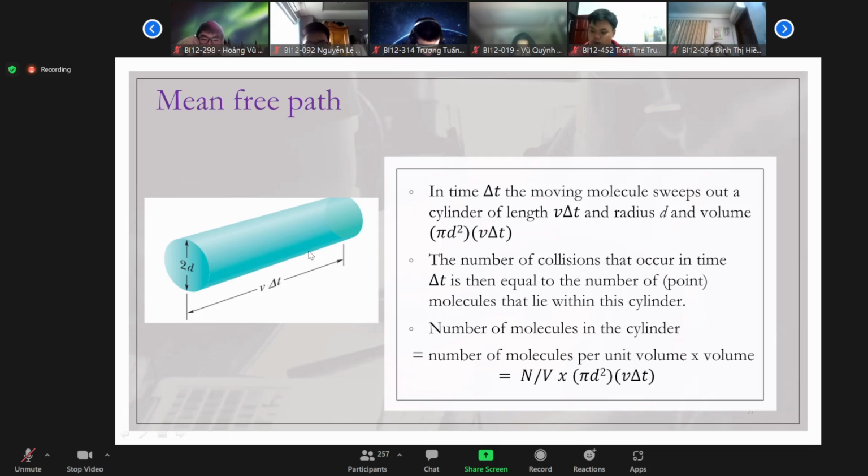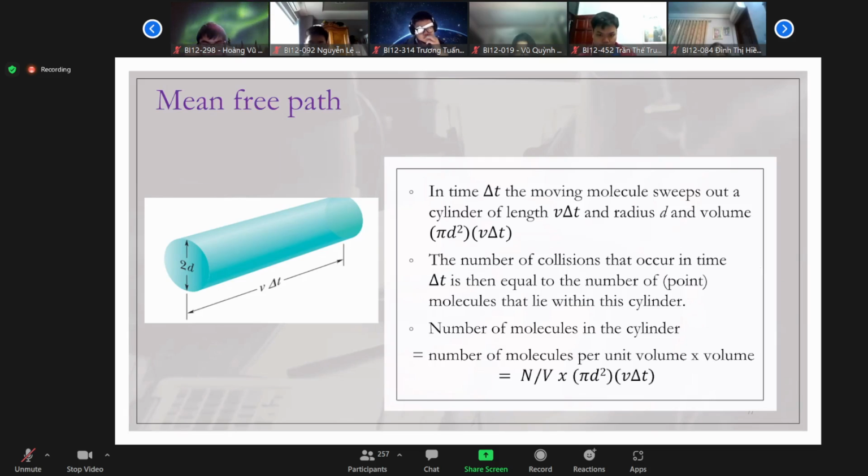So this is the volume of this cylinder. Now the number of collisions that occur in time delta t is then equal to the number of molecules that lie within this cylinder. We can simply determine this number.